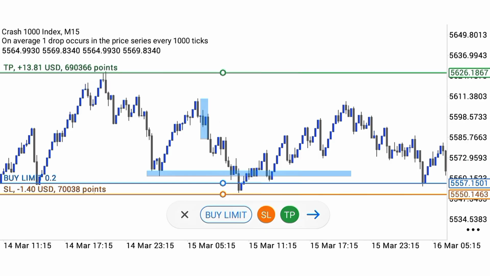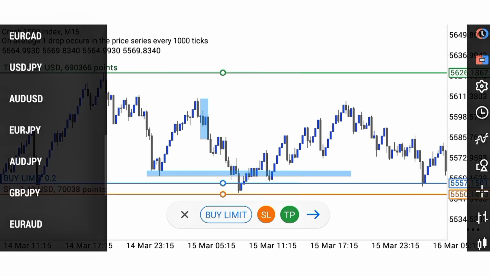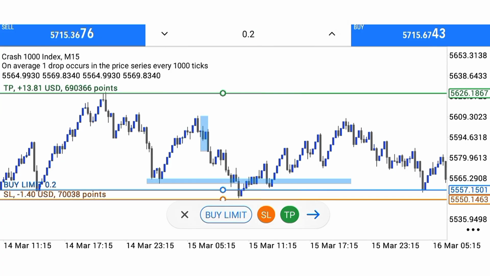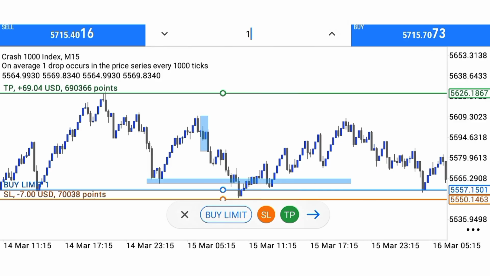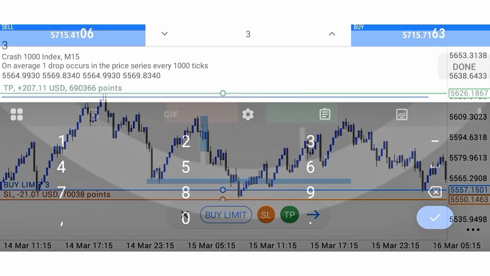This is crazy, but I just gotta say, man, this risk is very, very small, and look at the take profit target, very, very big. It's 13.81, and the risk is only 1.4. Let's say I increase the lot size now because I want to risk $20 for this trade.